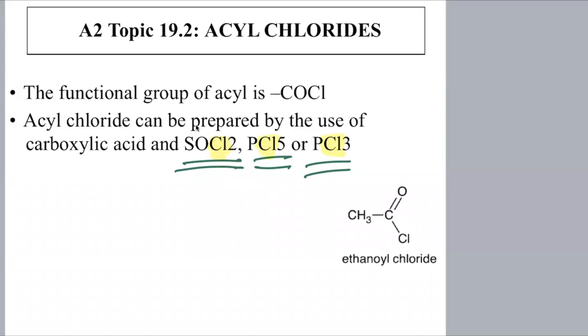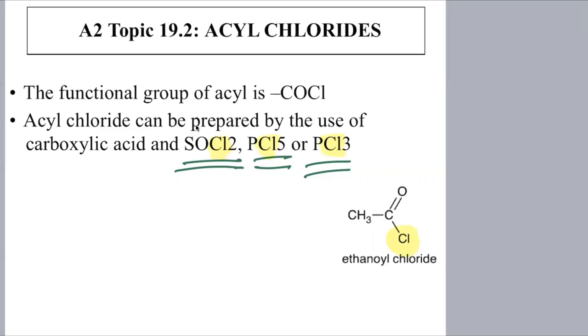To make an acyl chloride, it has to start from the corresponding carboxylic acid, because as you can see, the acyl chloride looks similar to carboxylic acid. The only thing that's different is the chlorine instead of having an OH.